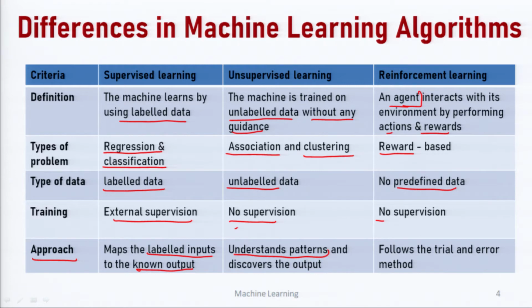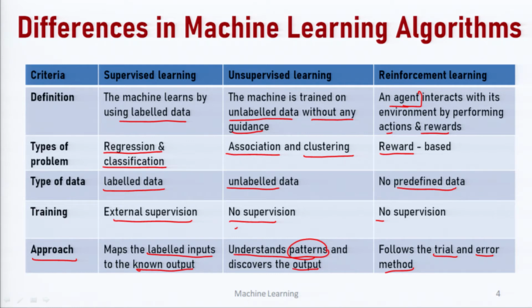We do not know the nature of the data, but based on its features, it understands the patterns and discovers the output. And in reinforcement learning, it follows the trial and error method. So, the approach of reinforcement learning is basically trial and error.